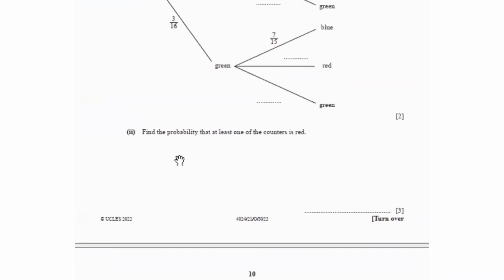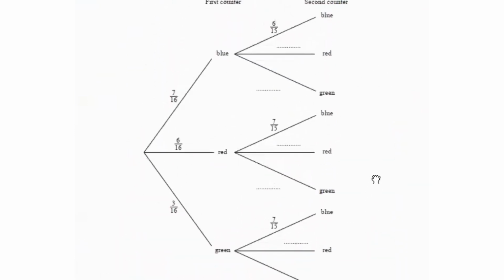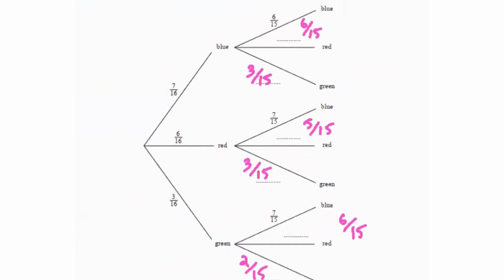Then it says find the probability that at least one of the counters she takes is red. So for that, if one of the counters she takes is red, she can take a blue first, and then she can take a red.